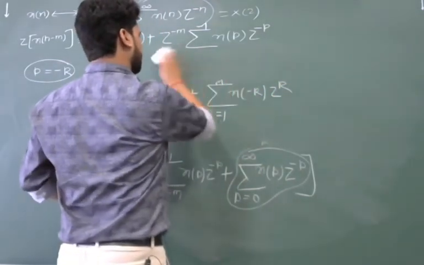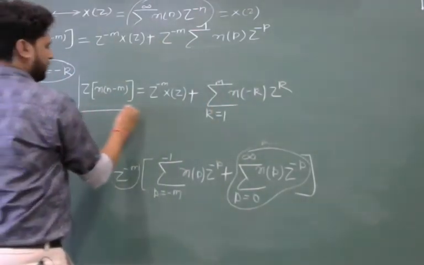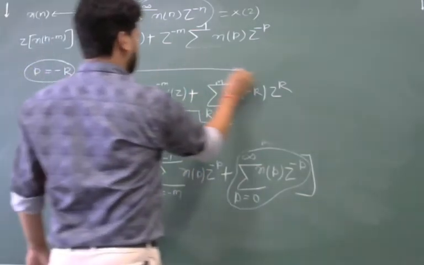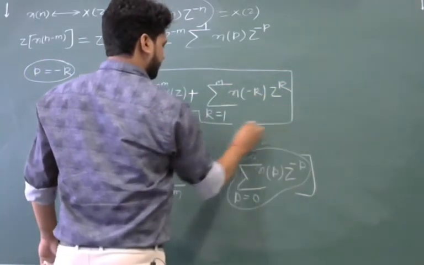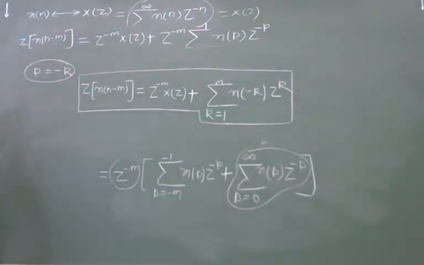This is what we will get after shifting the signal in the time domain if initial conditions are not 0. Then we will get z power minus m x of z plus z power minus m, k is from 1 to m, x of minus k z power k.